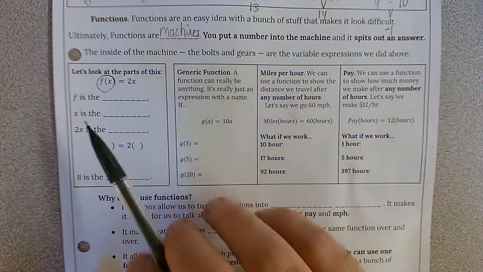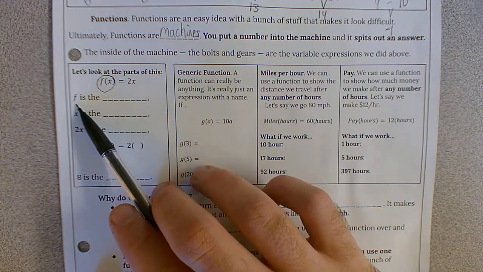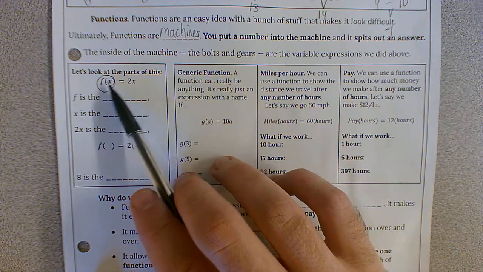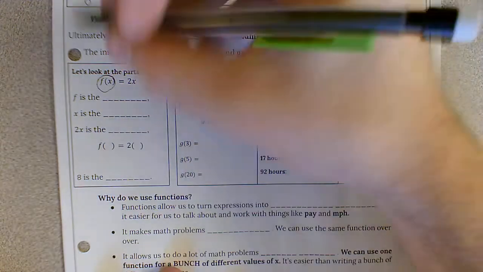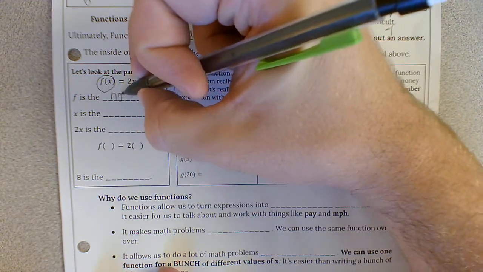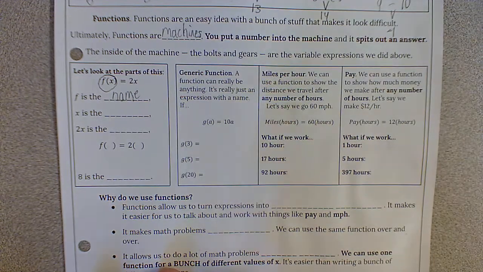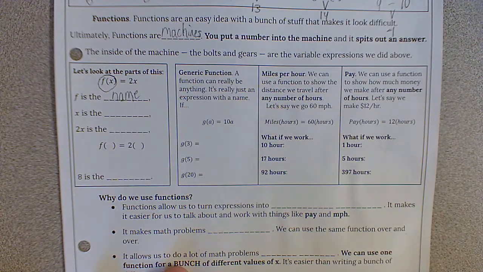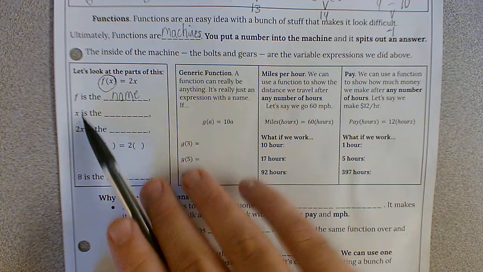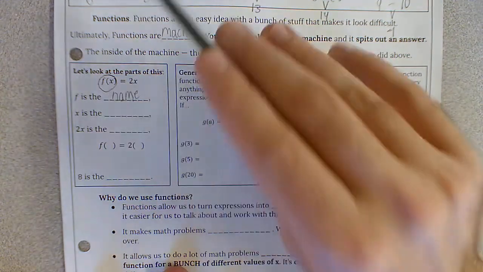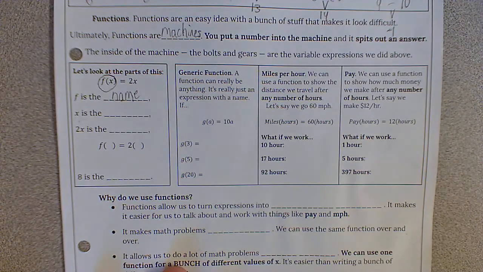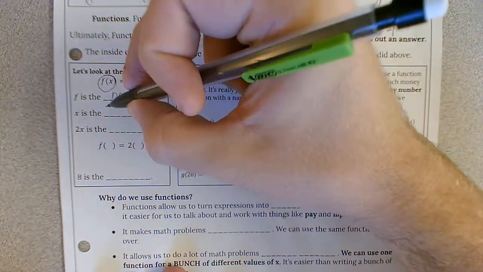The parts of this machine are pretty straightforward. This f, for the f of x, is going to be the name of a function. We named this function f. F is the basic name we use because it stands for function. X is our variable, and specifically it's going to be the number we plug in to the expression. So it's going to be our input.